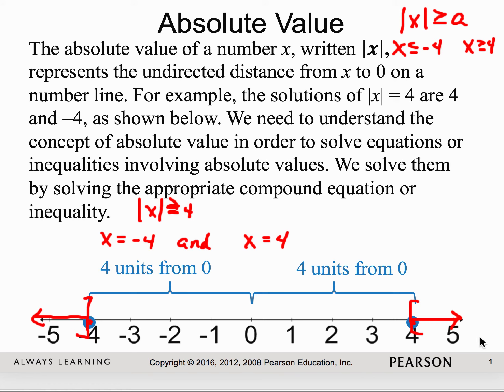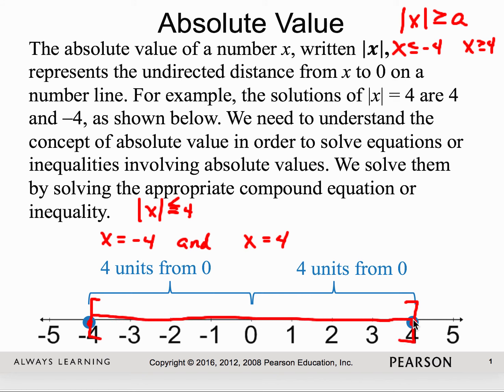Okay? What if instead of greater than or equal, we said less than or equal? Well, once again, we know the equal part. But now if I want the distance to be less than 4 from 0, we're talking about this stuff in between them, right?